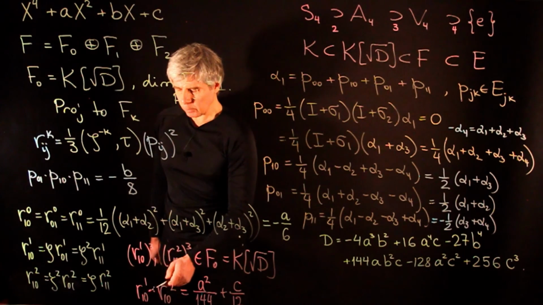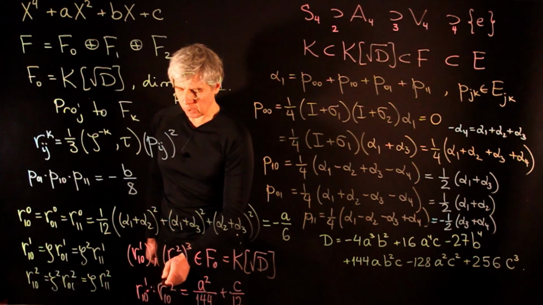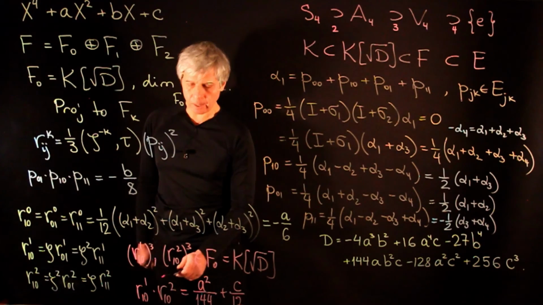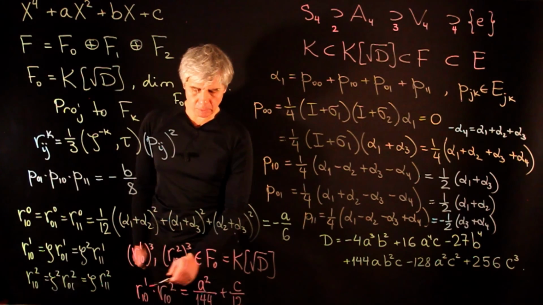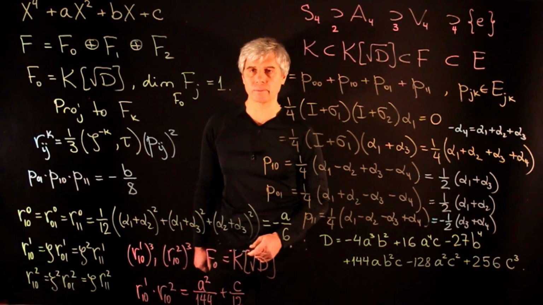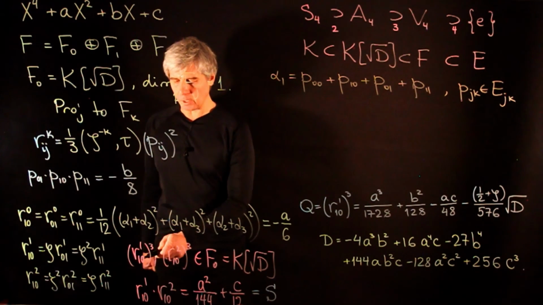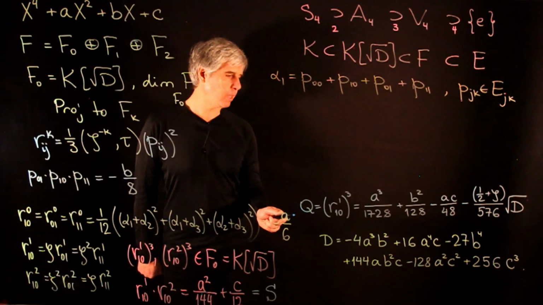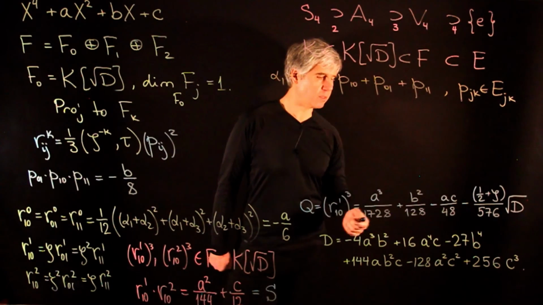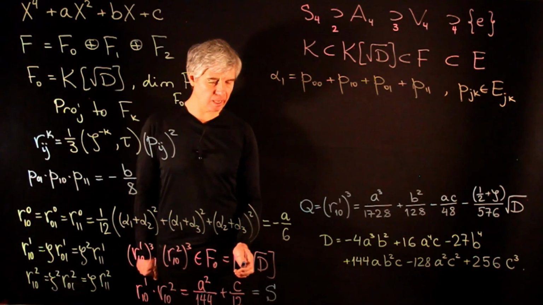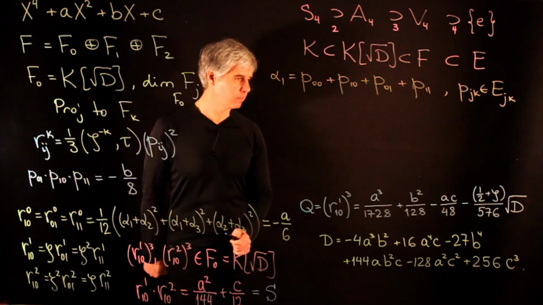So all we need now is to compute the value of R101, and then R102 can be expressed from this formula. We can compute the cube of the resolvent R101, and we get the following expression, and we see that the result is indeed in K with square root of D.